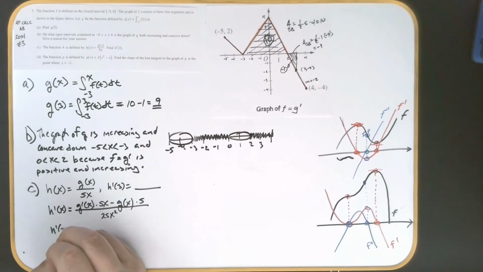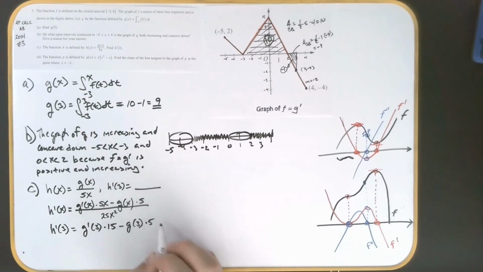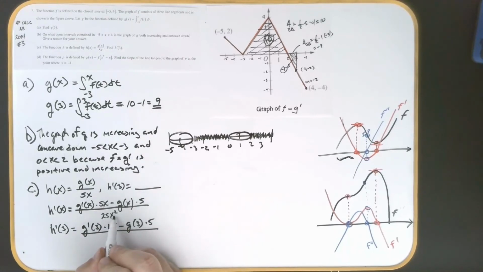So let's see what we get here. h prime of 3 is equal to g prime of 3 times 15 minus g of 3 times 5, all over 3 squared is 9, 9 times 25, that's 225.